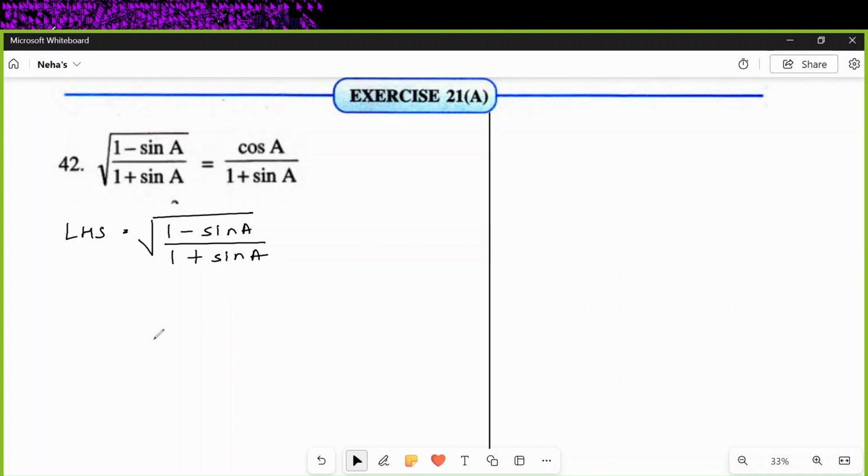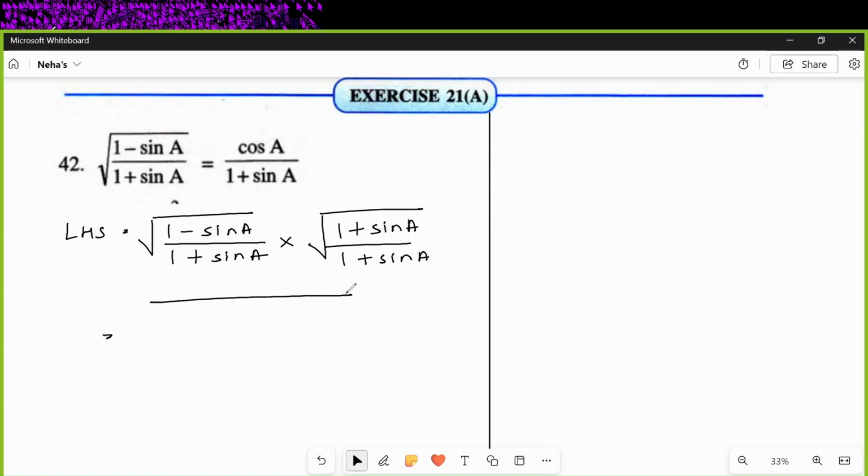Let's now begin with the question number 42. The left hand side is equal to square root of (1 minus sine A) divided by (1 plus sine A). Now we will multiply both the numerator and denominator here with square root of 1 plus sine A, because we need a 1 plus sine A in the denominator.